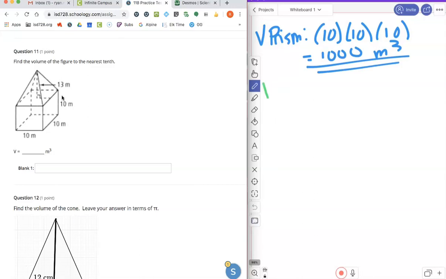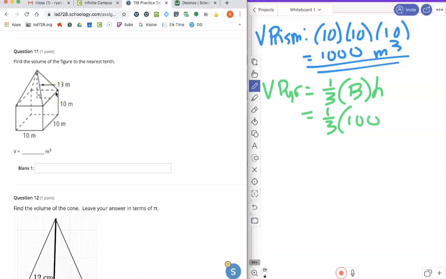The volume of the pyramid is 1/3 of capital B times H. Capital B is the same as this base, which is 10 times 10. So 10 times 10 would be 100 again. And H is 13.